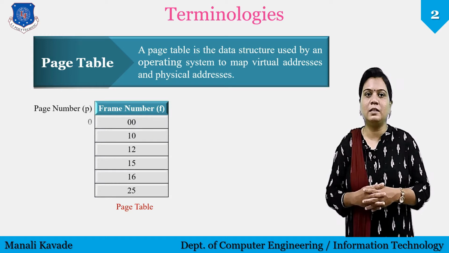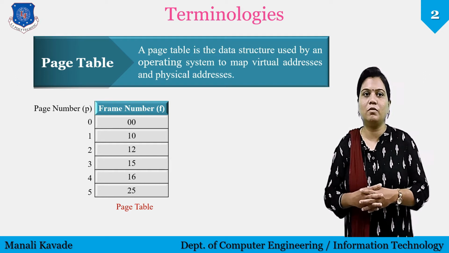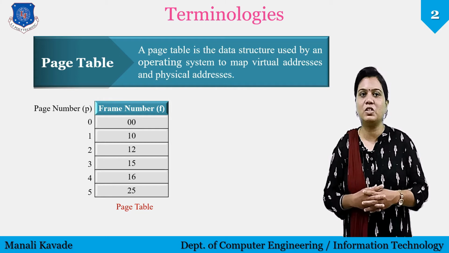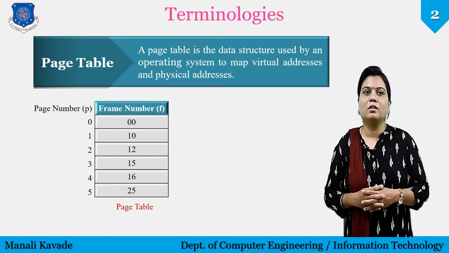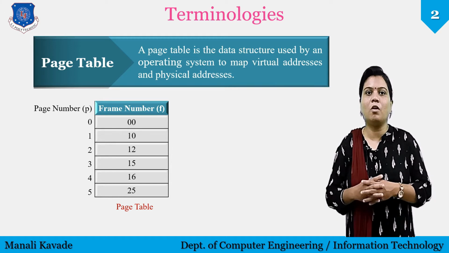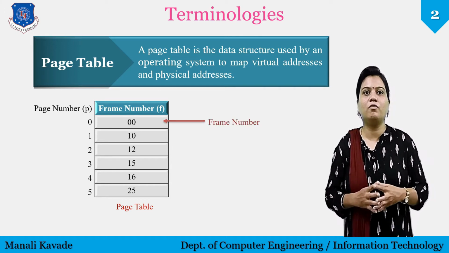Page table is indexed by a page number. The information about the frame number in which pages are stored is kept inside the page table. Page table is used to convert the page number of logical address to frame number of physical address.